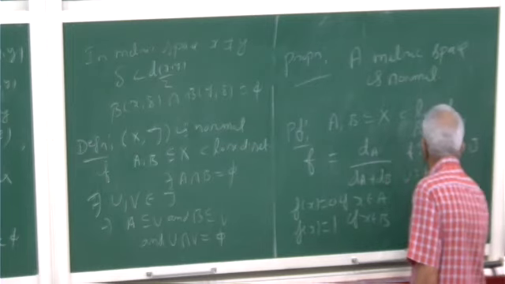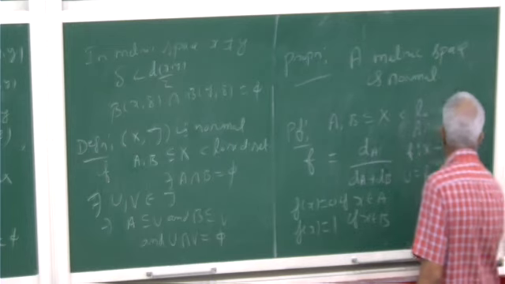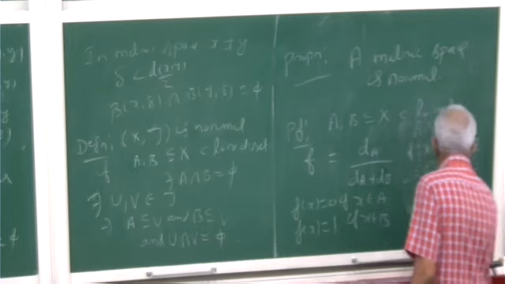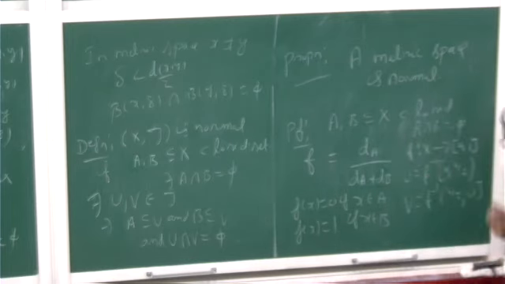Let's take U equal to f inverse of [0, 1/2), which is an open set, and V equal to f inverse of (1/2, 1], which is also open. Nobody should have a confusion over this: in [0,1] these are open sets, so don't ask about the closed interval. They are disjoint, U and V are open, and they contain A and B respectively. So this works.